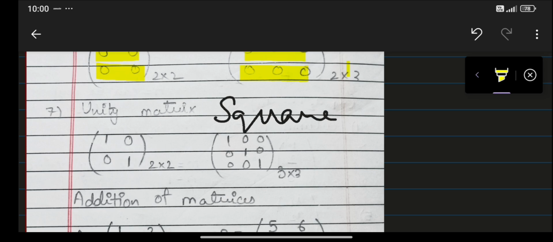So we have 1 as the elements in the principal leading diagonal, and all other elements are 0. So this is a 2 cross 2 unity matrix, and this is a 3 cross 3 unity matrix, right? 3 rows, 3 columns, and 1 as the element in the principal leading diagonal, and all other elements are 0, right?